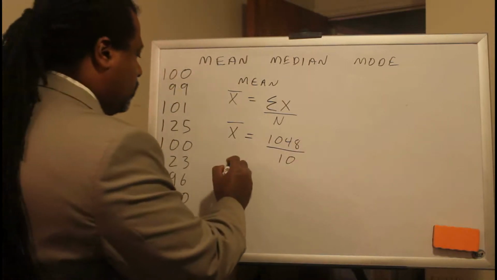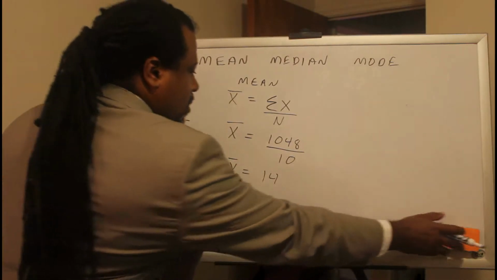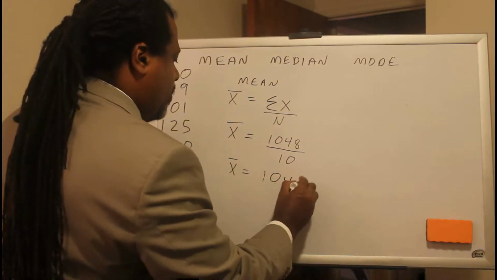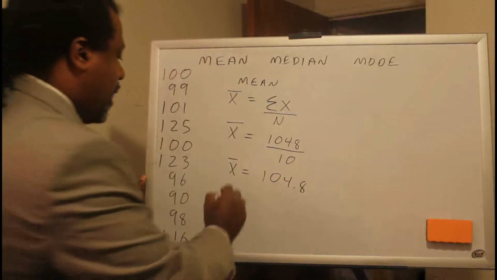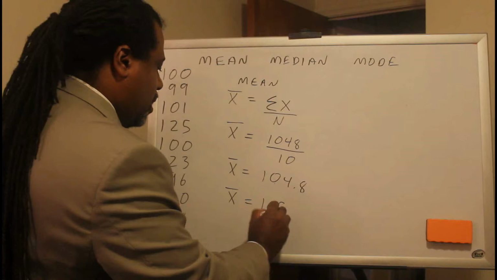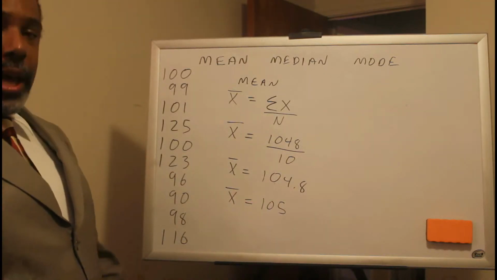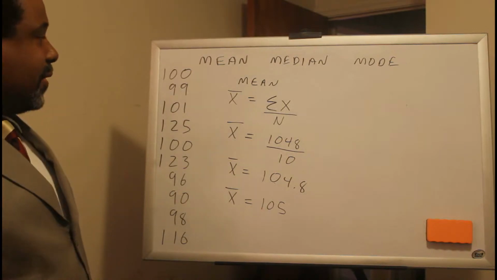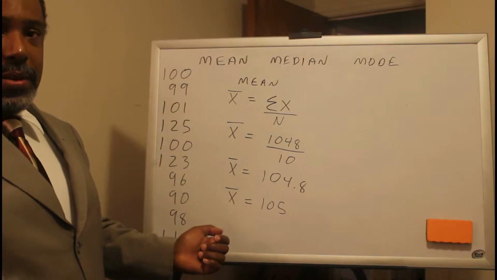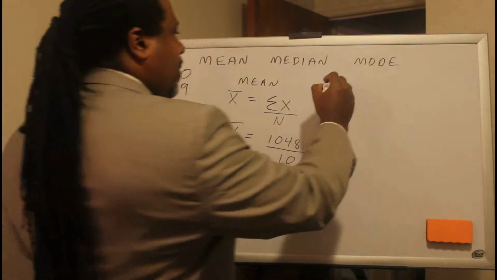And so we say that our mean is 104.8. And I'm going to go ahead and round that and say that the mean is 105. Okay? Mean is the same thing as average. So what we've done is we found the mean of these numbers, or the average of these numbers, and it's 105.